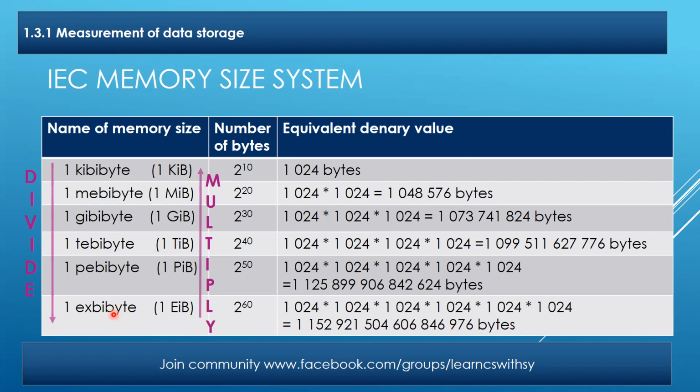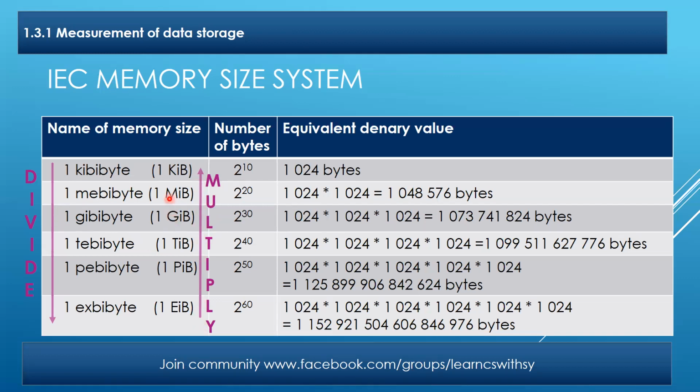Okay. The way we have talked about conversion from one unit to another is very simple. If you have to move from gibibyte to mebibyte, or from mebibyte to gibibyte, you are going to perform division. Just remember, when you are going from this position to the bottom, you will be performing division, and on the contrary, going from here to here, you will be multiplying.